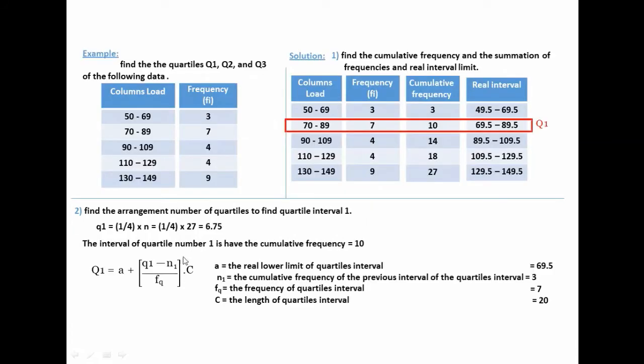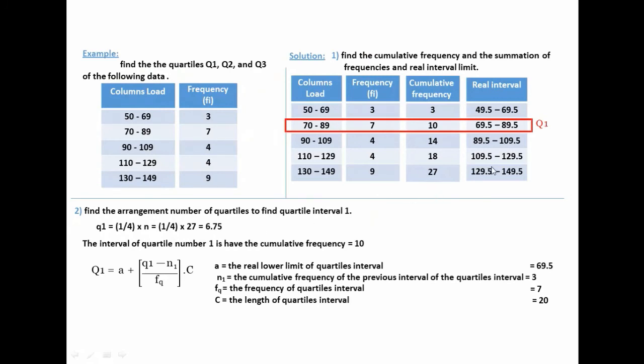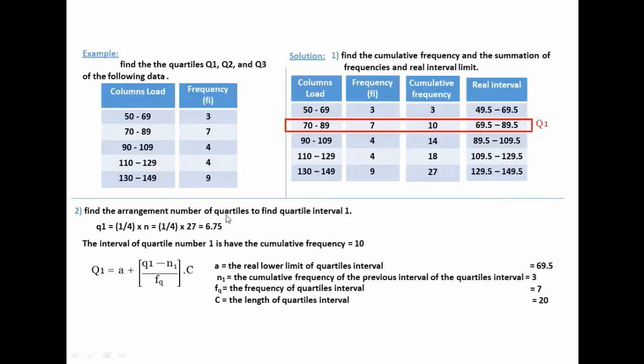3 by 4 multiplied by 27, which is equal to 20.25. So in this formula, this small q3 is now 20.25, and for 20.25 the lower class limit is 129.5. And why do we select this class? Actually, the Q3 position is 20, and 20 lies in this cumulative frequency.